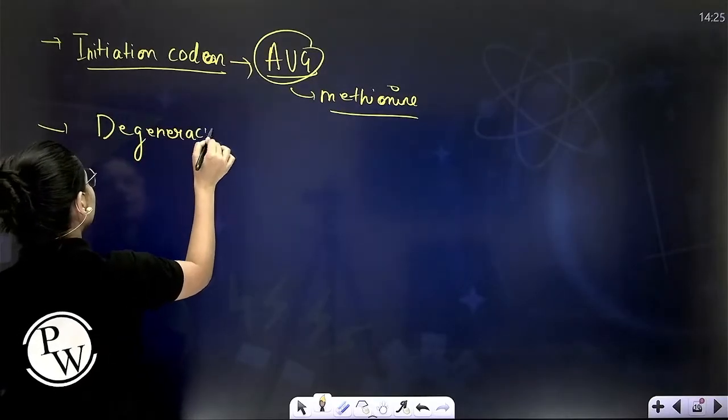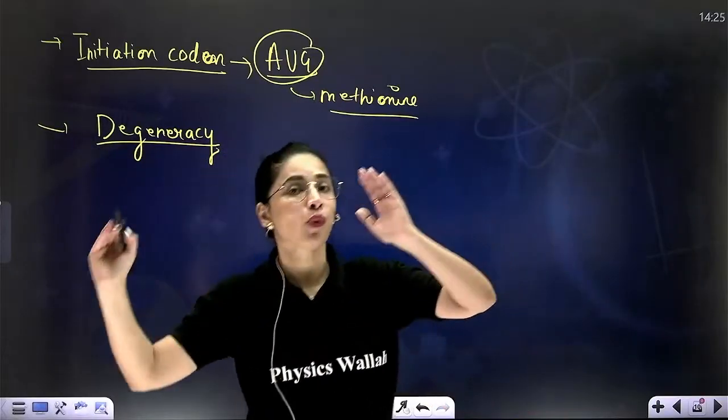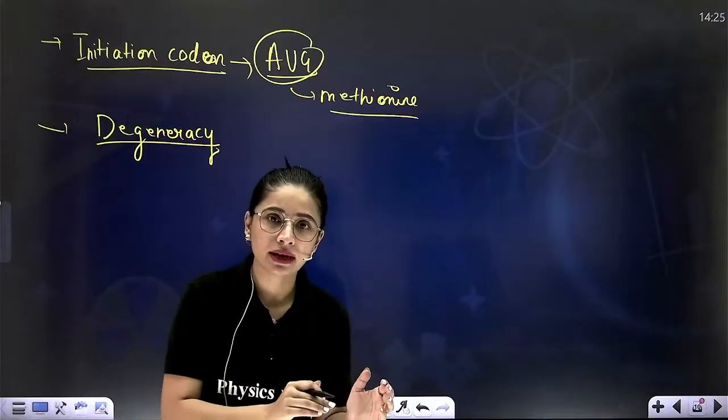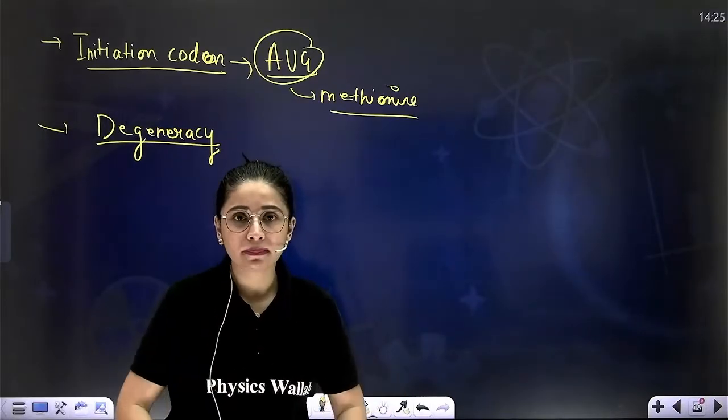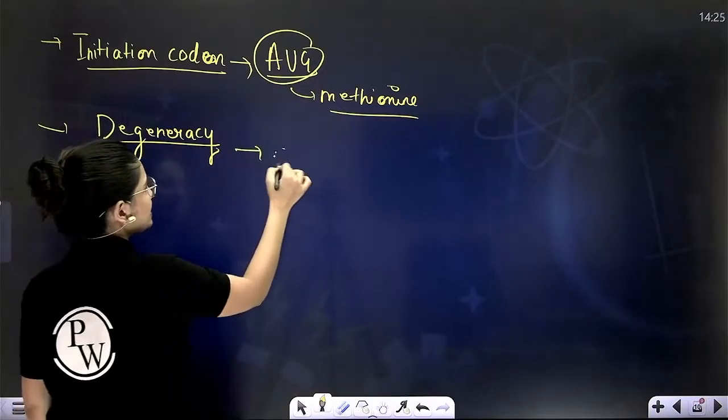Degeneracy means, see, one codon will code for one amino acid only, but one amino acid can be coded by more than one codon. This is degeneracy.